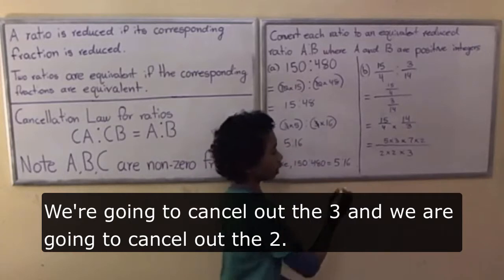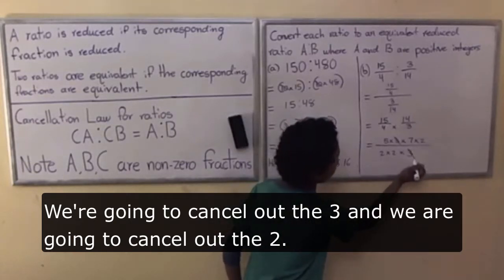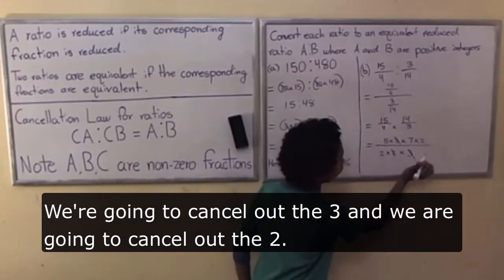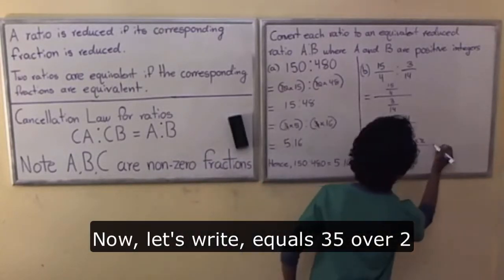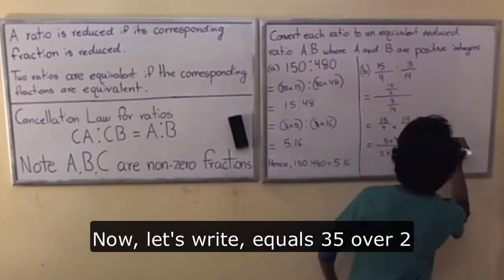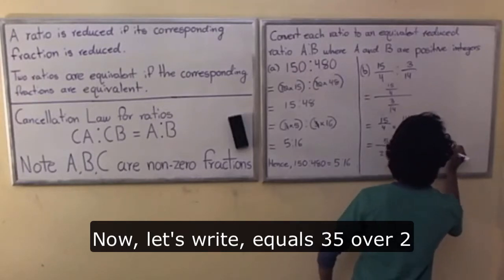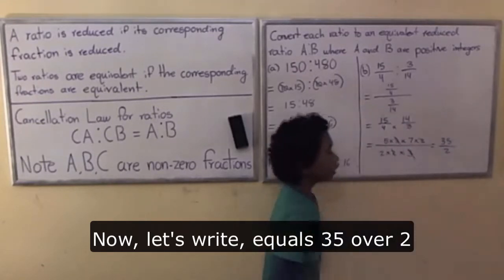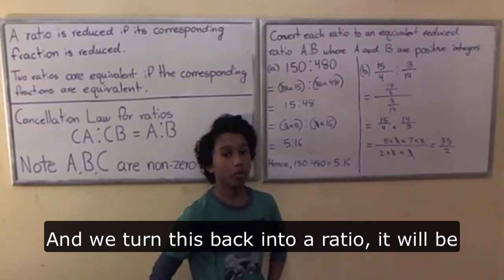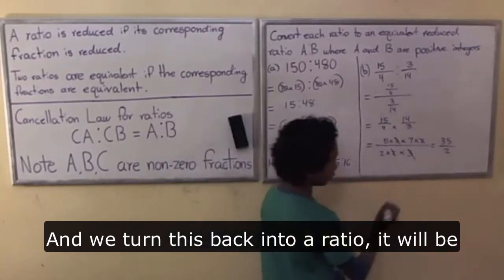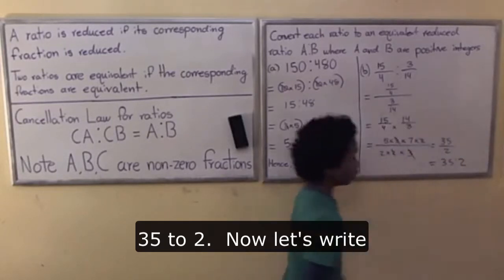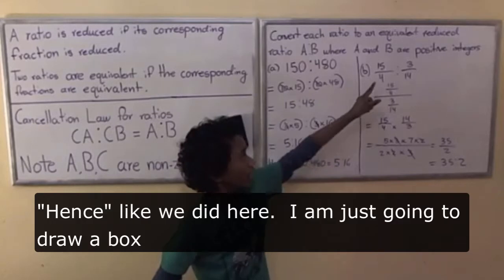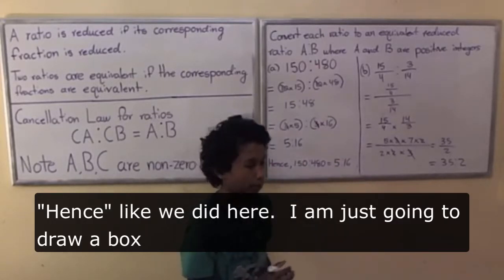We're going to cancel out the 3, and we're going to cancel out the 2. Now, let's write equals 35 over 2. And if we turn this back into a ratio, it will be 35 to 2.